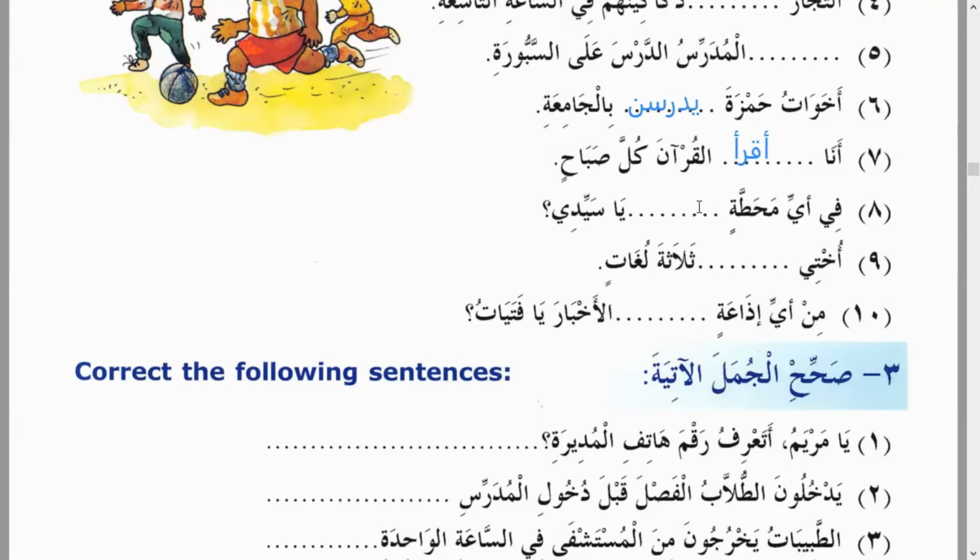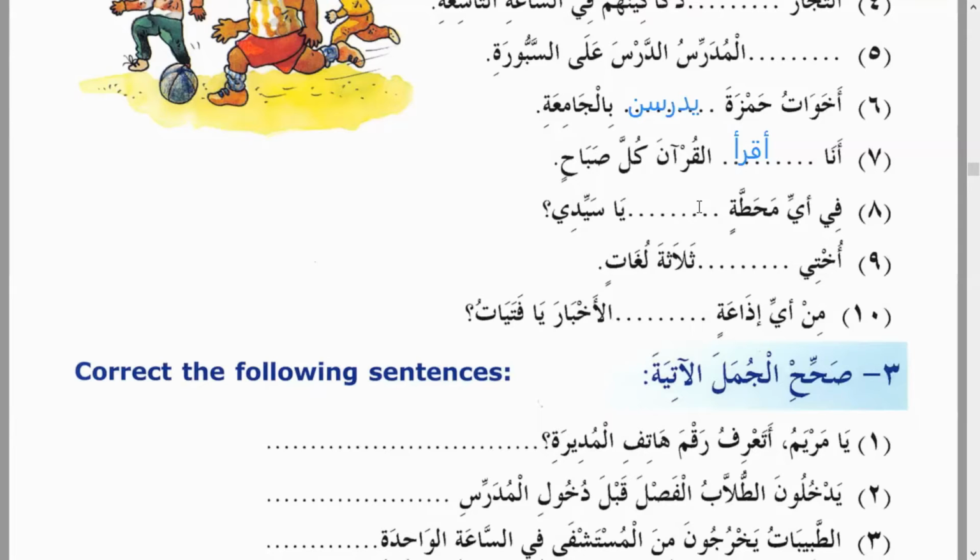في أي محطة تنزل يا سيدي. محطة is station. So in which station will you get down? Oh, sir. So there's a verb for getting down. Which verb is it?